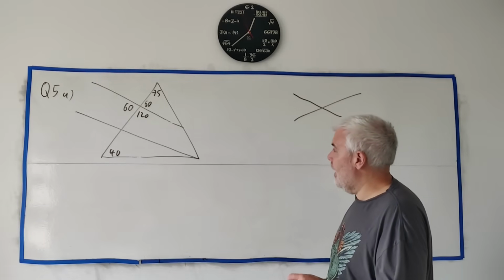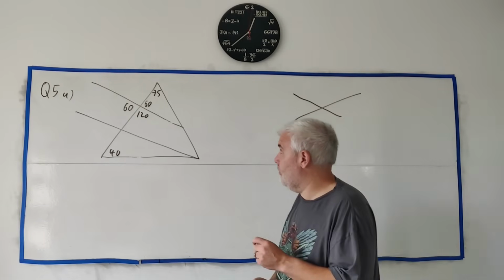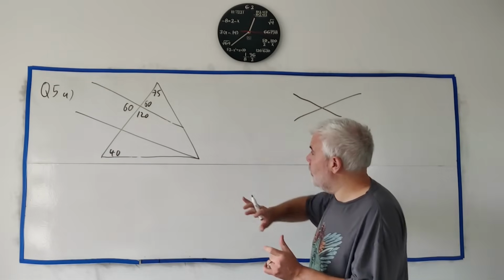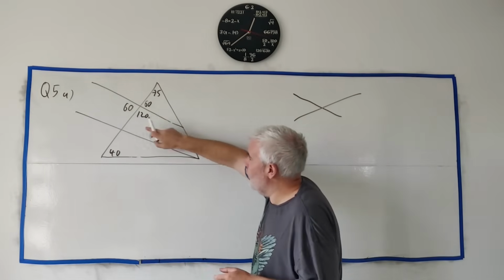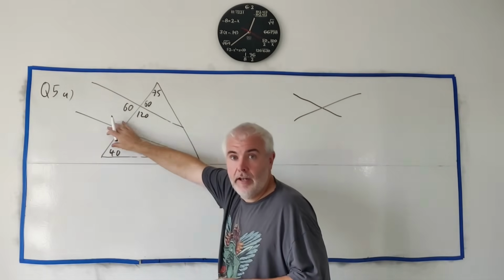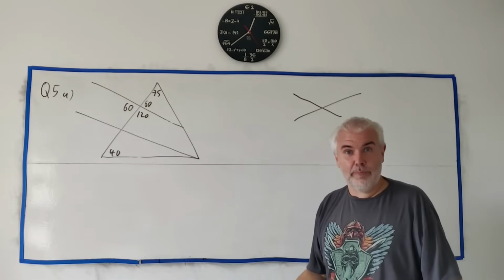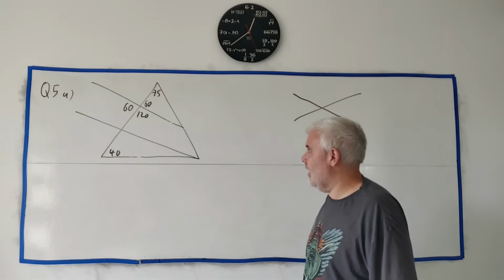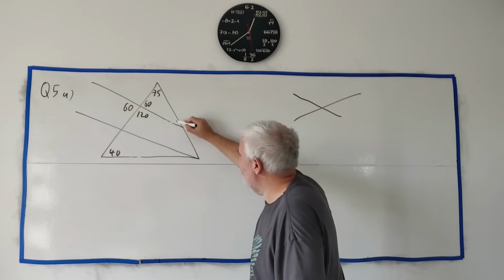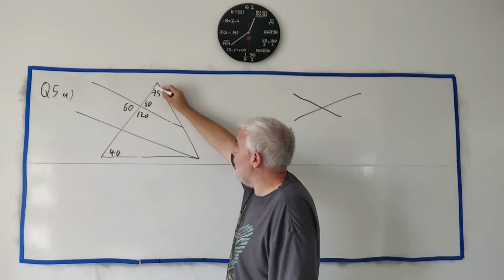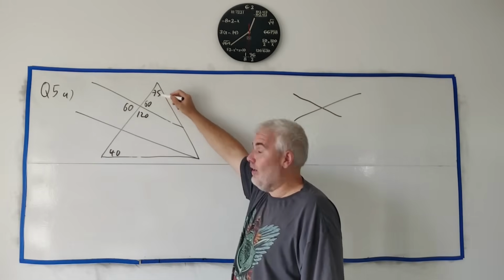Okay, what next? There's a couple of things that would jump out at me here. We could find the angle here, or we could find the angles down here. I'm going to do this one just because that's where they have a B. So that's the path they want us to take. What is this angle? It must add up to 180 when we add all three of these together.